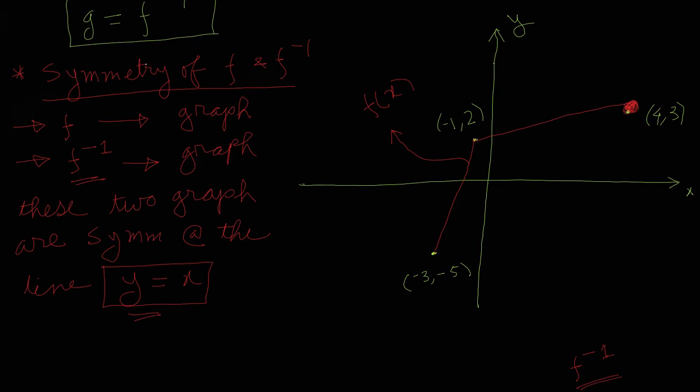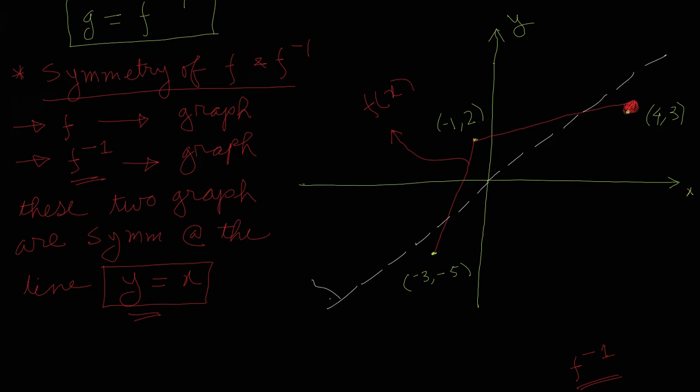I'm going to use the symmetric property. So what I'm going to draw now, first I'm going to draw the y equals x line. So actually y equals x line is nothing but this line.